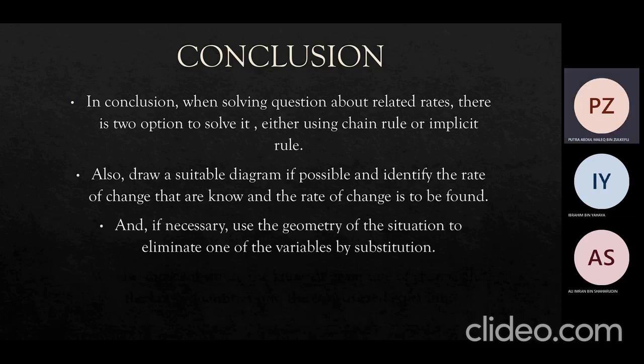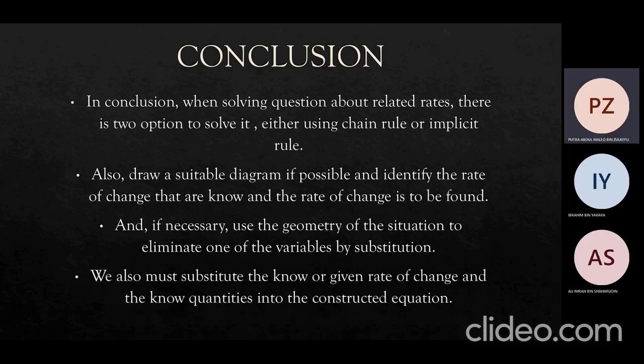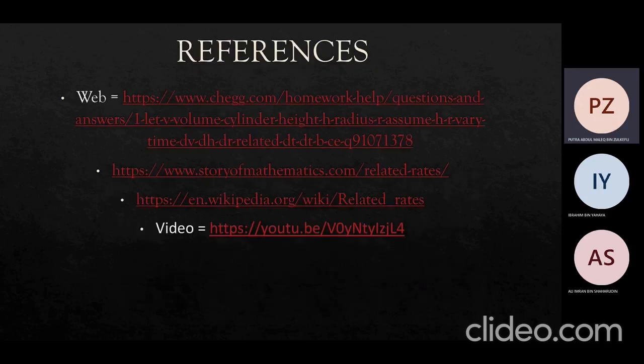If necessary, use the geometry of the situation to eliminate one of the variables by substitution. We also must substitute all the given rates of change and the known quantities into the constructed equation.